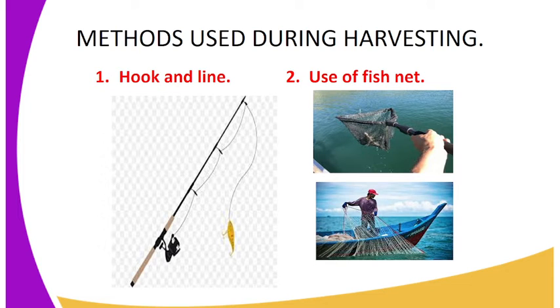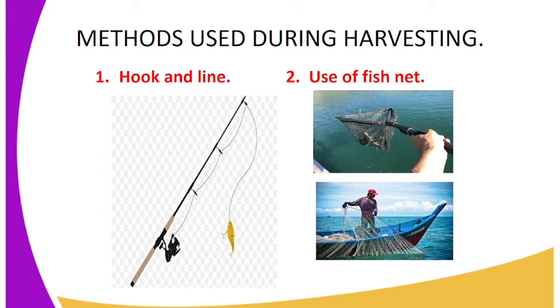And the second method used when harvesting of fish is the use of net, and therefore fishnets are normally used whenever it comes to a fish harvesting process. And the other method, you can use the traditional method whereby you can use an arrow, where you can just strike the fish using an arrow or a javelin, so that you can kill it and remove it from the water.